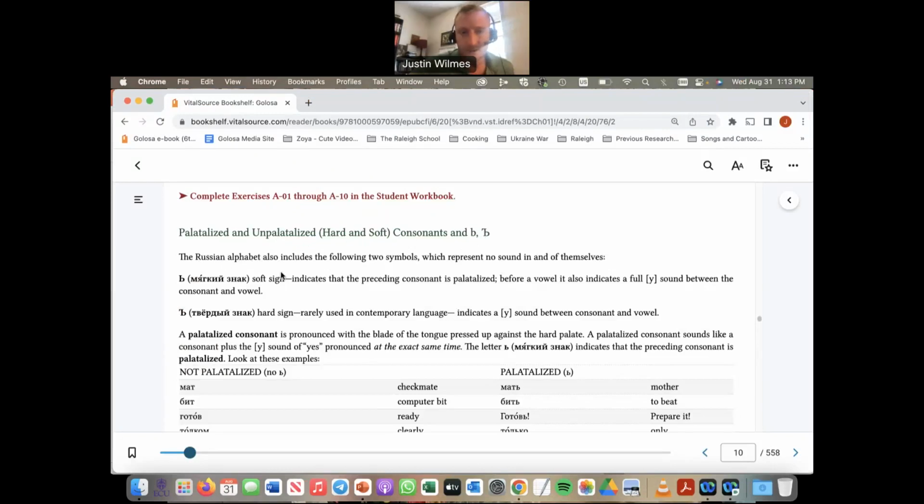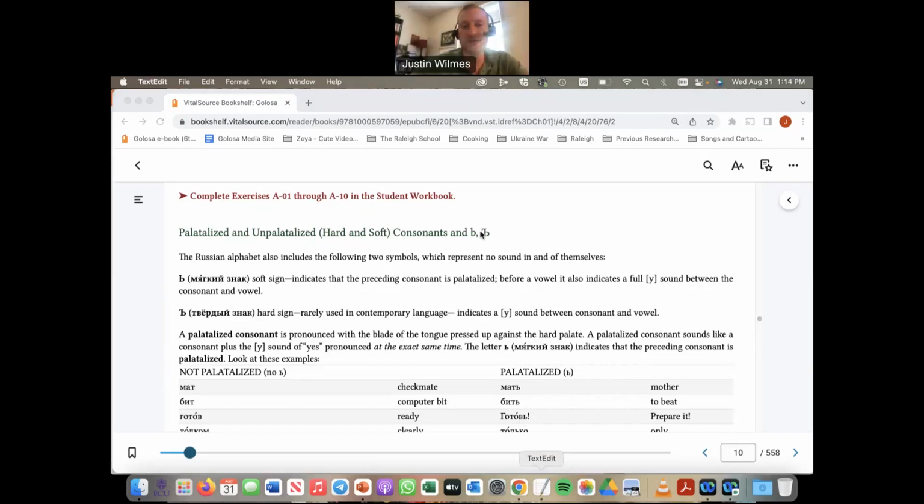The Russian alphabet also includes two symbols, which represent no sound in and of themselves. Soft sign, which is called in Russian мягкий знак, which indicates that the preceding consonant is palatalized. Before a vowel, it also indicates a full y sound between the consonant and the vowel.